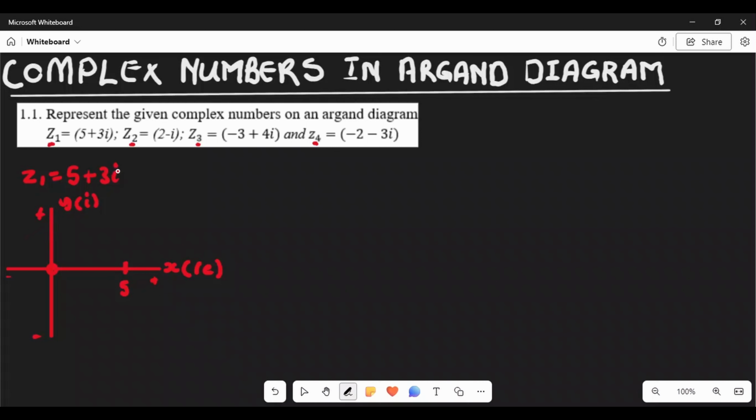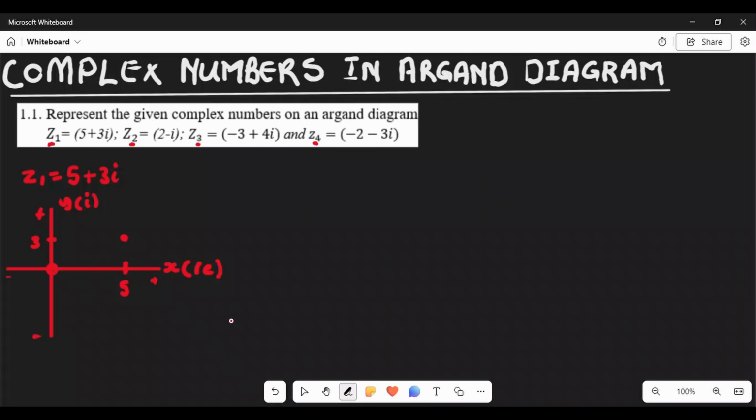On our y-axis, the 3i represents the y value, so we say this is 3. You don't really have to have a scale unless it's required of you. So for 3 and 5, wherever they meet, you draw a point there.